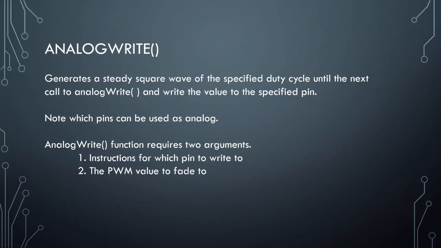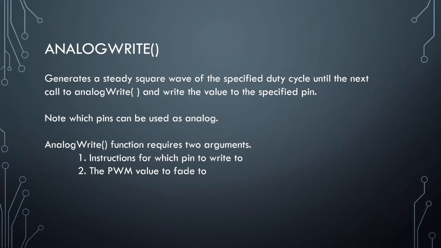Unlike digital write that tells a pin to either be high or low, analog write tells a pin to be at a specific intermediate value until it gets another command, or a specific duty cycle until this is replaced by something else. Just like in digital write, we would be telling a pin to be high or on until we told it to do something else. So analog write is telling this pin to be somewhere in between high and low.